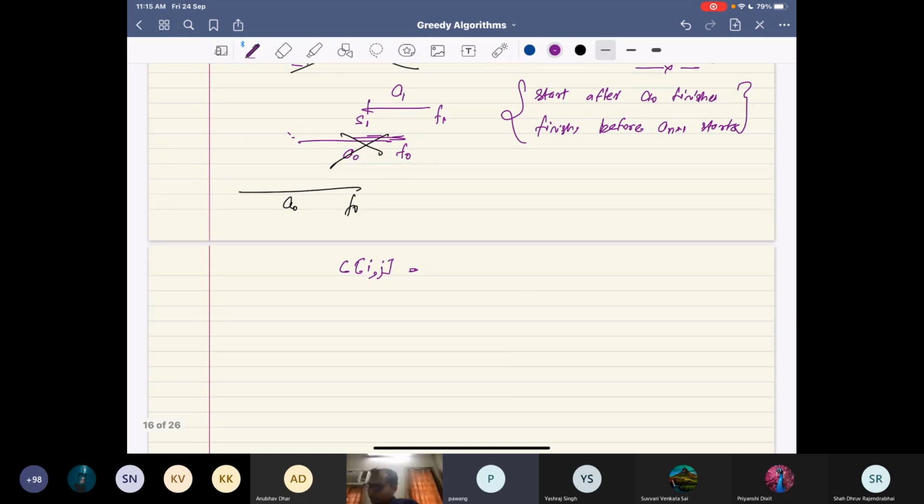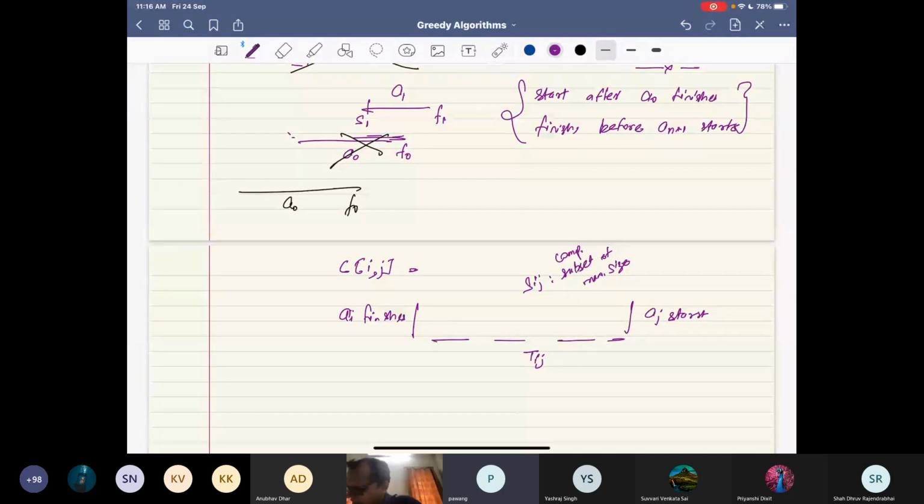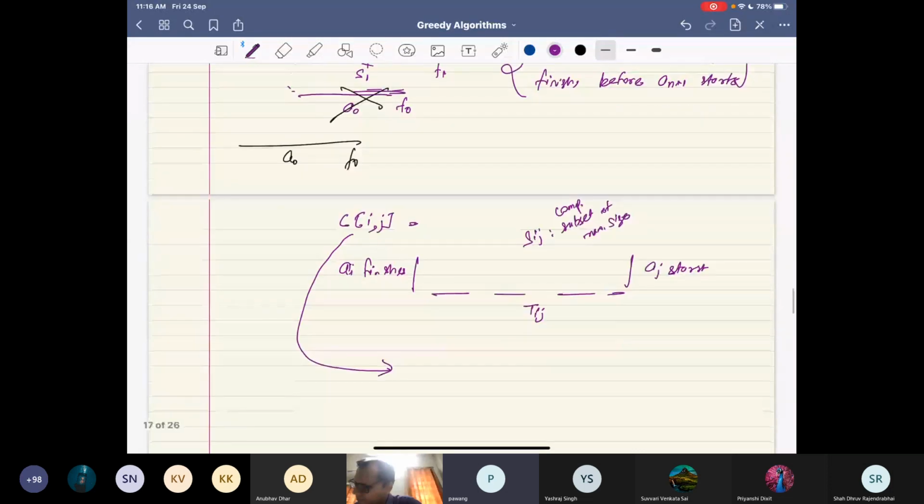So remember, activities that start after Ai finishes and before Aj starts, all activities are there in this set Pij, and you have to select Sij, the subset of maximum size, compatible, and Cij is nothing but the size of the subset. So how will you write your Cij? What is the recursive formulation of Cij in terms of subproblems? How do you write that in DP?